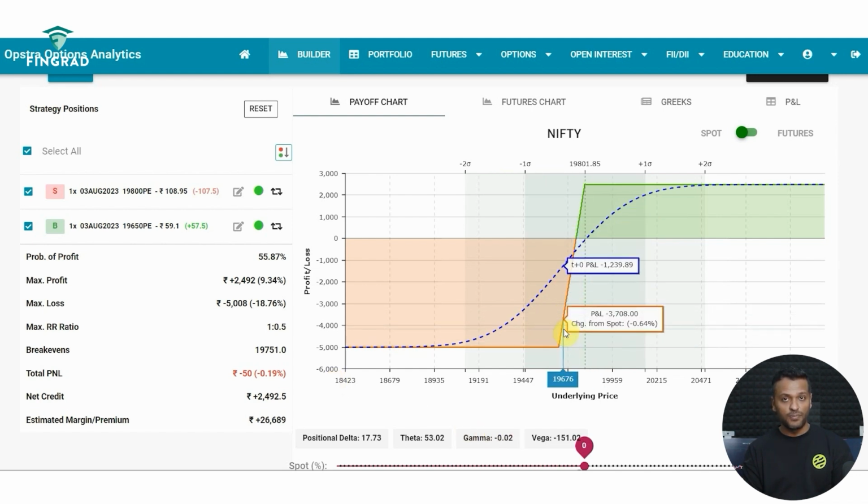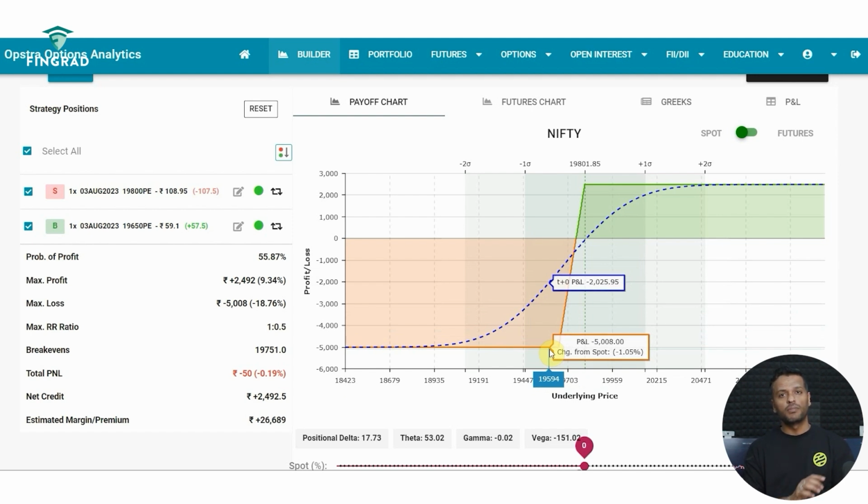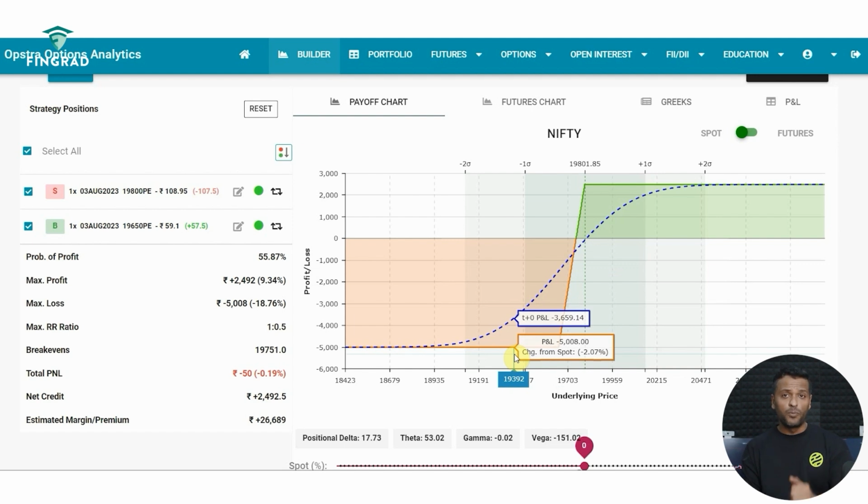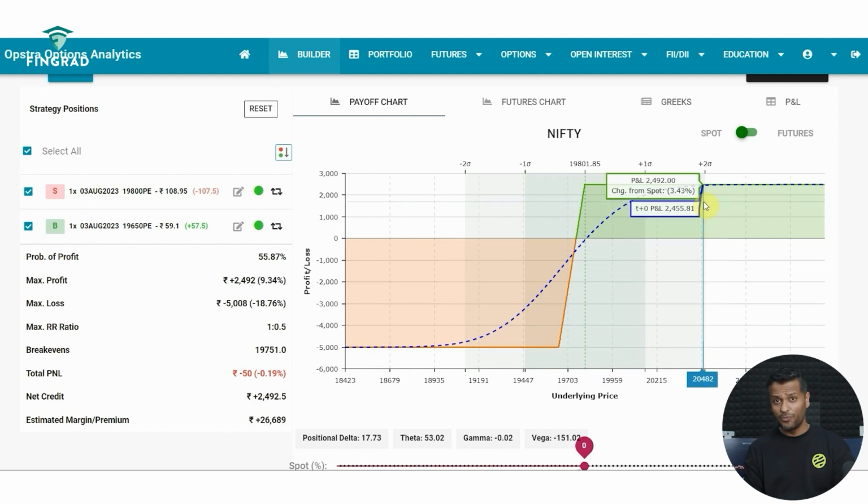But the good thing about the strategy is this: even if the views are wrong and the market drastically comes down, your maximum loss is capped. And that's a good thing about this strategy of bull put spread. But the flip side to that is that even your maximum profit is also capped. Even if your views are right and the market keeps going up, because you are a buyer and writer of put option, your maximum profit potential would also be capped in this strategy.